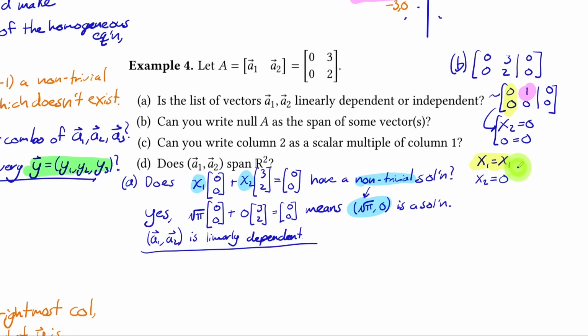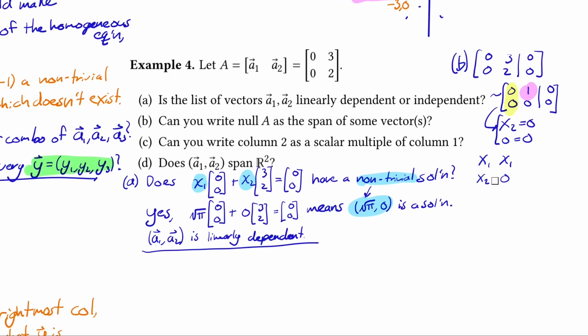So we can say that this as a vector, the set of all vectors that can be written like this, because x1 can be any real number. We can think of this as x1 multiplying 1, 0.